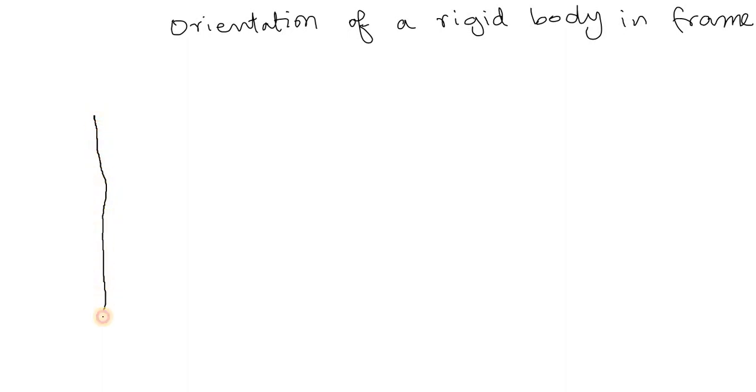Orientation of a rigid body in a frame. So in a frame means this is a coordinate system we have. Let's say for a two-dimensional example, we draw a two-dimensional axis, and then we have a rigid body, or you can also take a point.